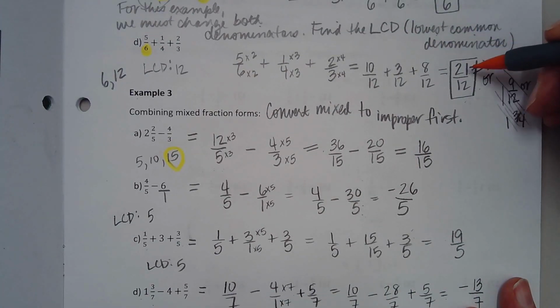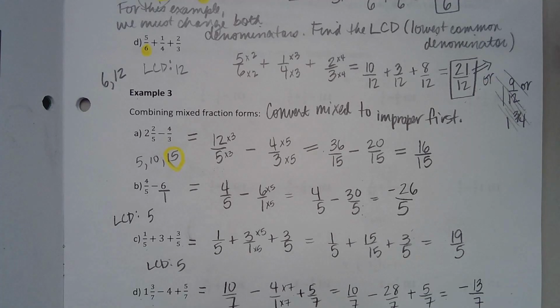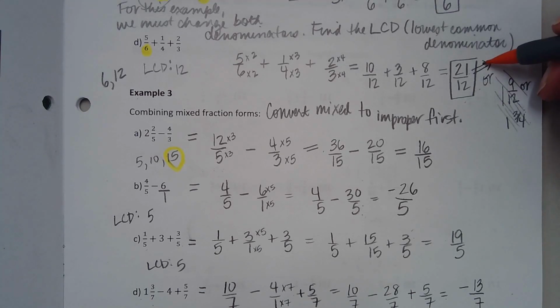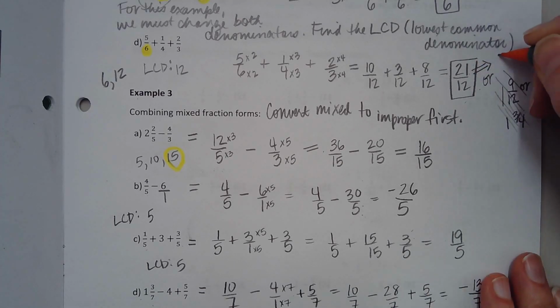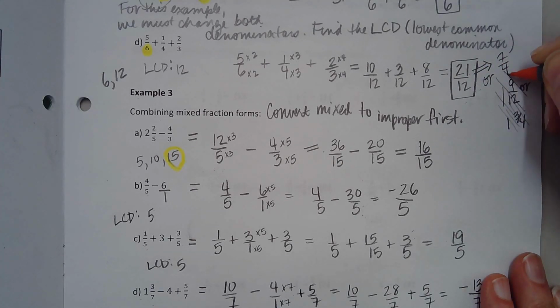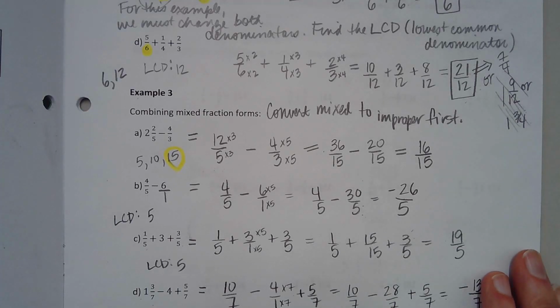I have 21 over 12. How could I reduce that? Yeah, they're not even numbers, so if I divide a 3 out, it would be what? 7 over 4. So it would reduce to the equivalent fraction 7/4. No, I think I'll erase the mixed.